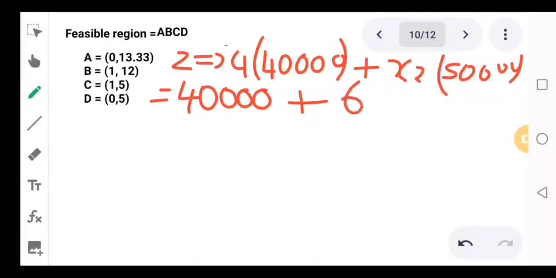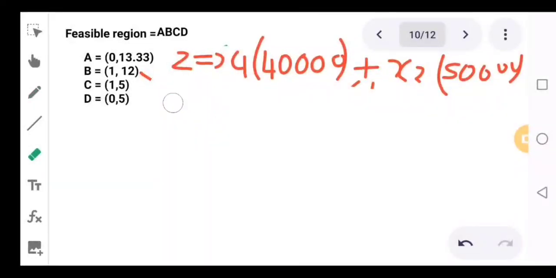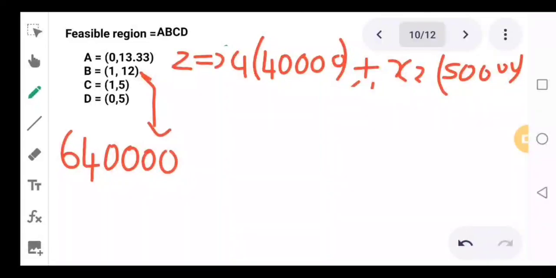So if you take B, your answer will be 6,40,000. That is in case of B.